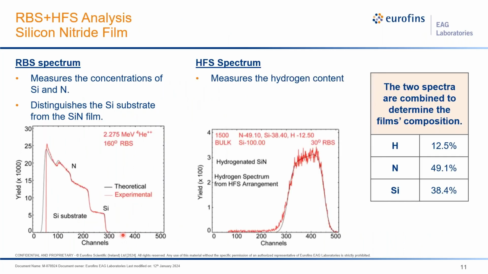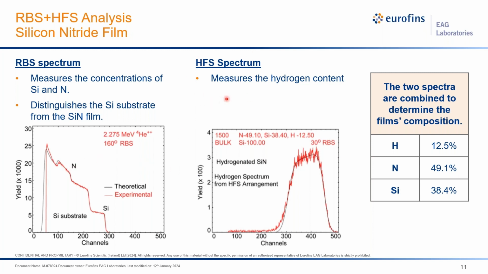I have a brief example of RBS data. This is its analysis of a silicon nitride film. In the RBS spectrum, we can see a difference between the silicon within the film compared to the silicon of the substrate. So we get a measurement of each, the silicon and the nitrogen.